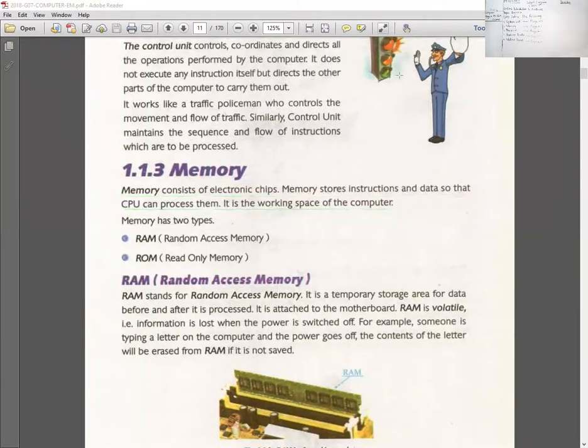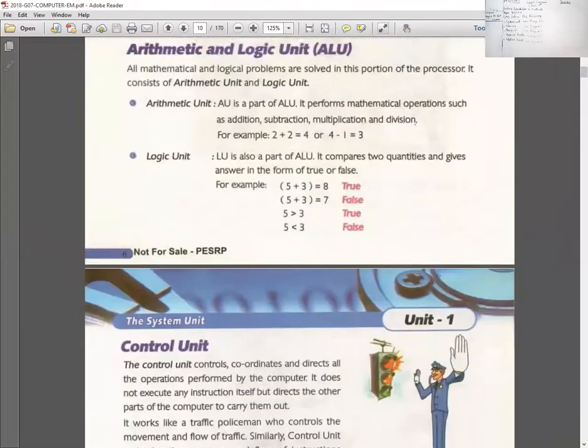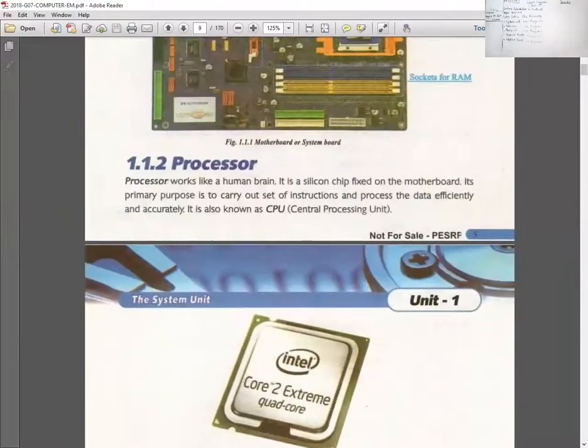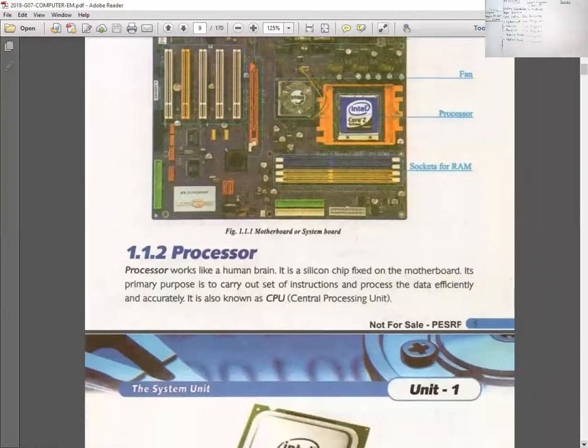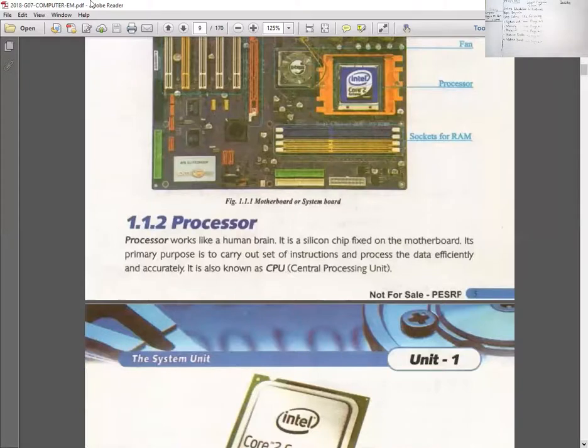Now we will do definition number 3, processor, and we have to go to page number 5 for its answer. At the end of page number 5, you can see the definition of processor, so I'm going to underline it.